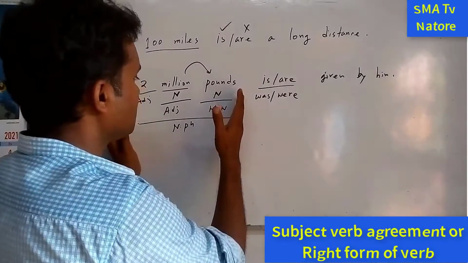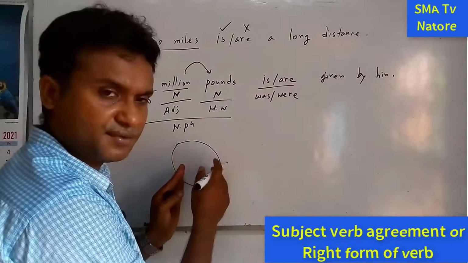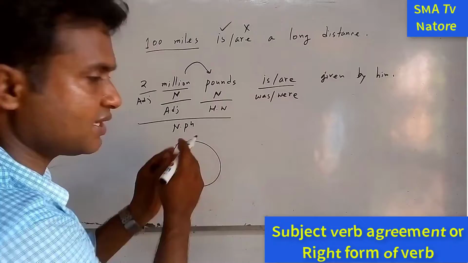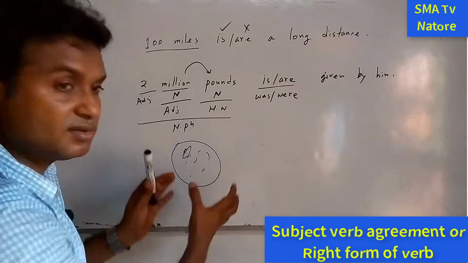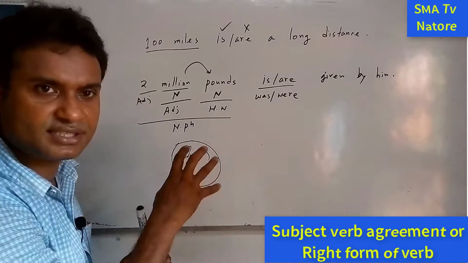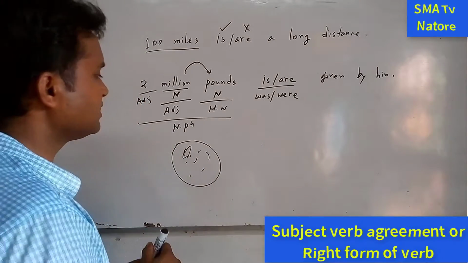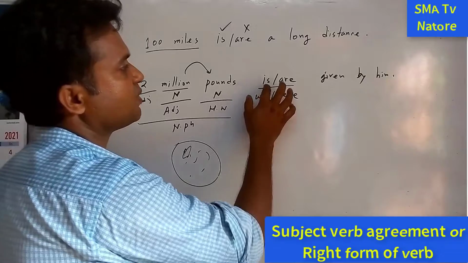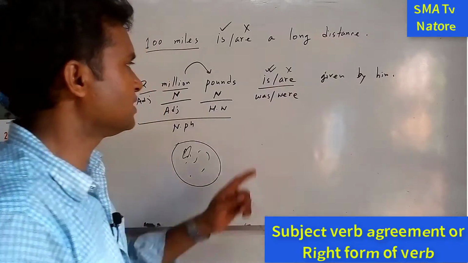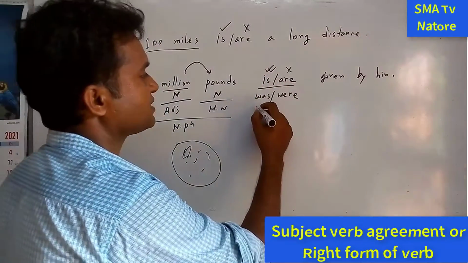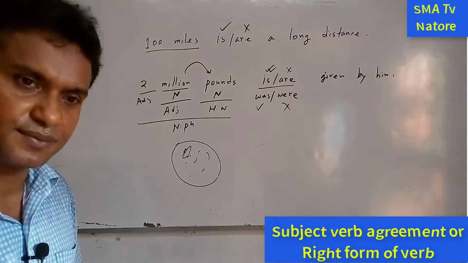But all of money, for example, this is the place you have kept your money, dollar, pound, etc. So these all things show a particular one thing. For this reason, what happens? This one thing indicates this particular one. So is is correct here. Are isn't correct. But this is the present tense. If we are writing the past tense, was is correct, were is incorrect. I hope you can understand it.